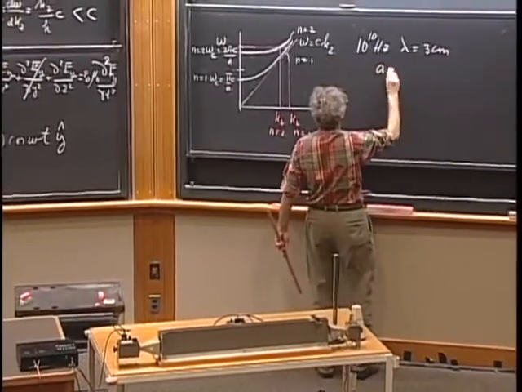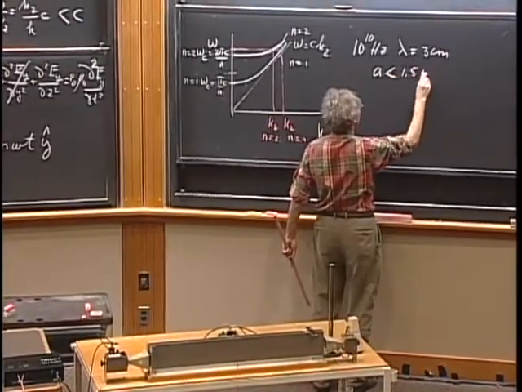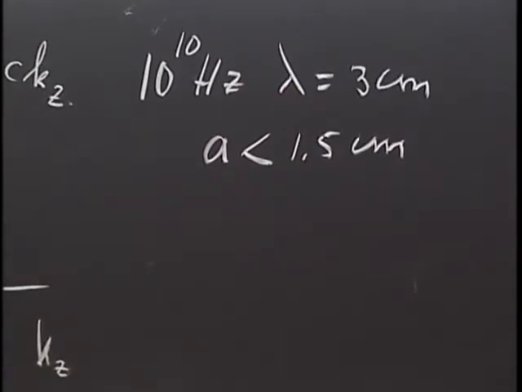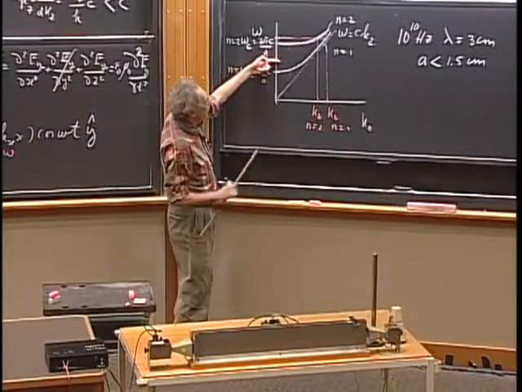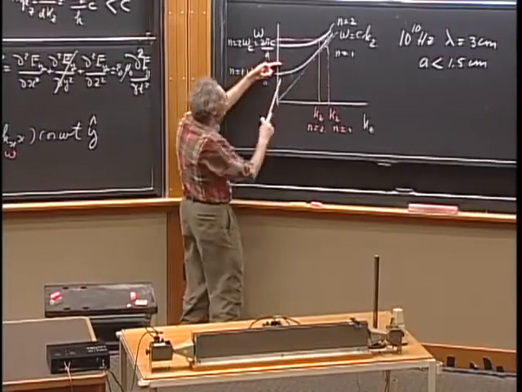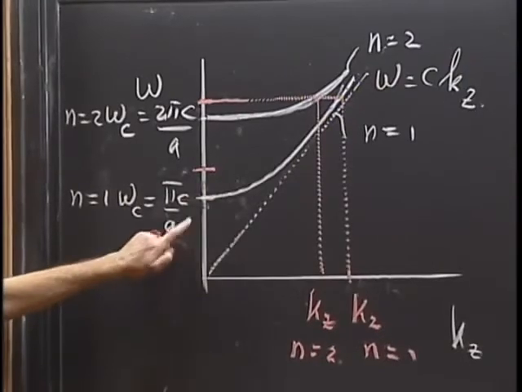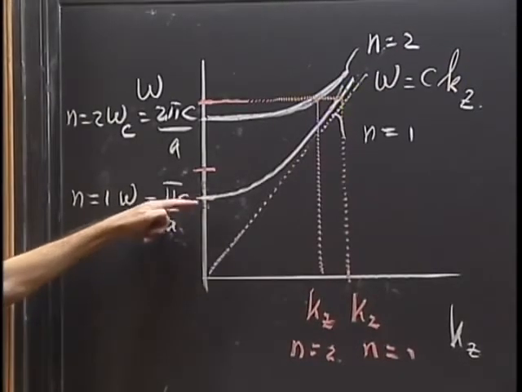So the moment that A becomes less than 1.5 centimeters, there is no longer a way for the Y component to go through. What I'm doing is to keep this point constant, but this line I am moving slowly up. Because when I make A smaller, this omega c goes up.